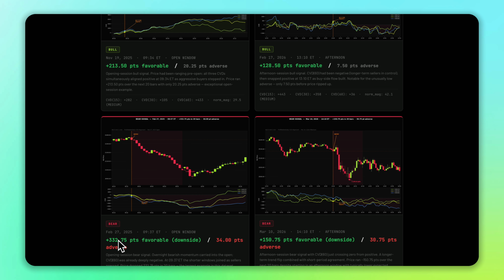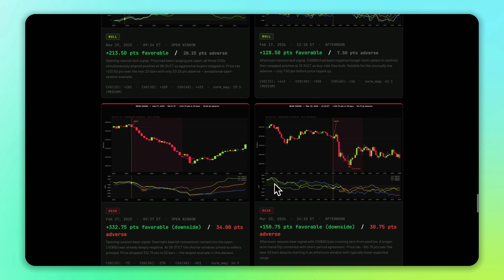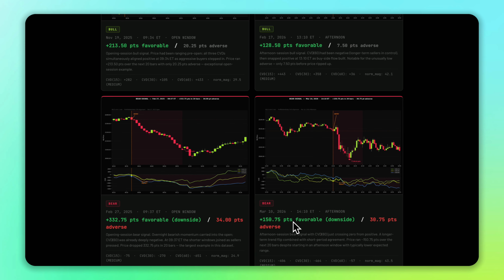This one you got 300 points if you held it that long. And this one's a good trade at 150 points. So the average of 20 points in your favor is really just the average. There are times when you have good risk reward and can get a really good move from these signals as well. These are just random examples that the AI picked.